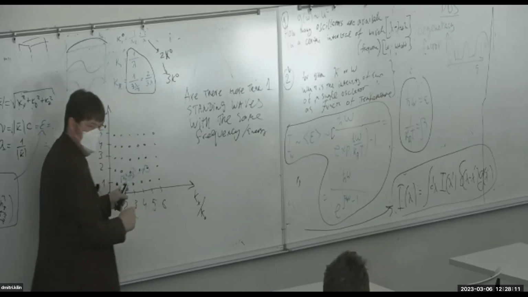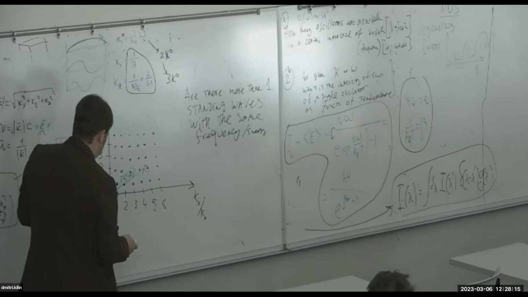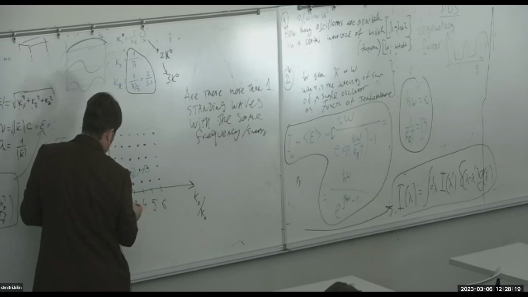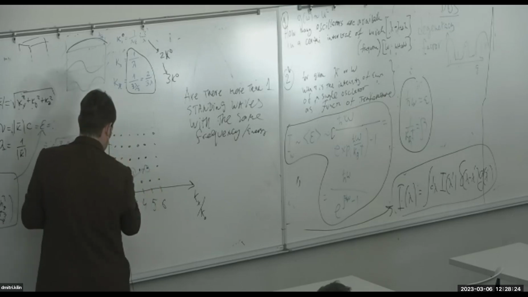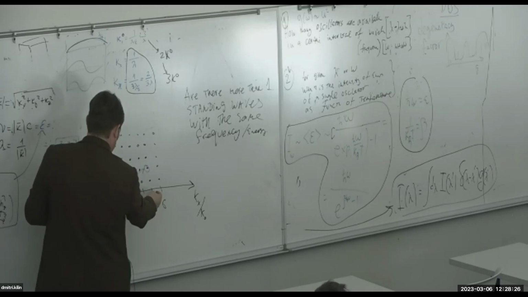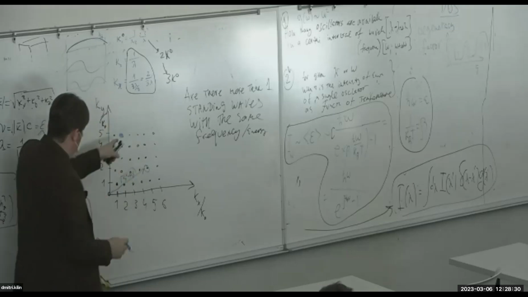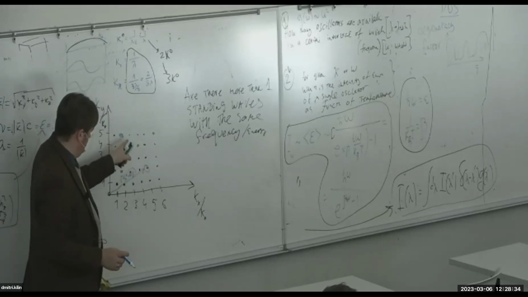Agree? And now we need to decide, are there more than one states, for example, like 5 and 2. If you have 5 and 2, would this standing wave have similar or different energy compared to this one?